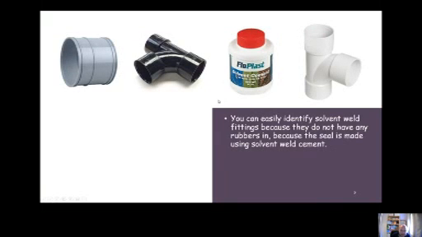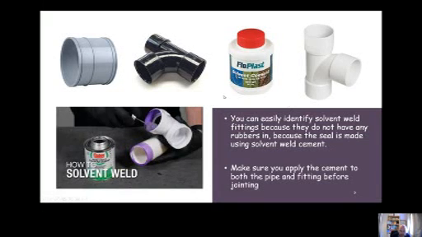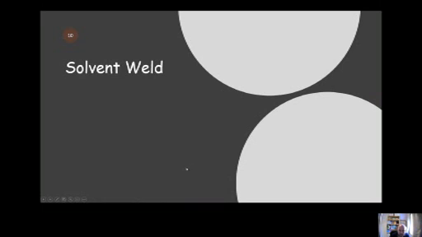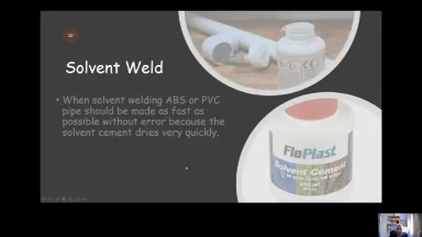Alrighty, so you can easily identify solvent weld because they don't have any rubbers in the fitting. You make the seal using solvent weld cement, and you need to make sure that you put the solvent weld cement onto the fitting and onto the pipe before you make the joint, and then also give them just a slight twist to spread the cement during the jointing process.